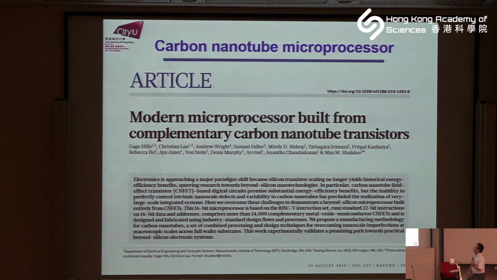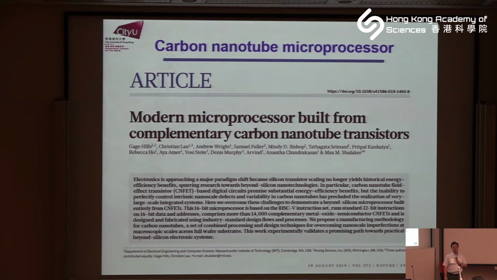And right now, even back in August 29 of this year, a paper was published in Nature from a group at MIT. They used only carbon nanotubes to build the first microprocessor. Okay?